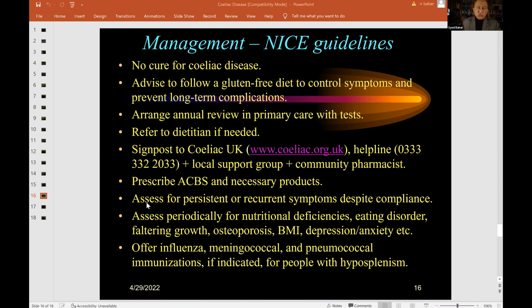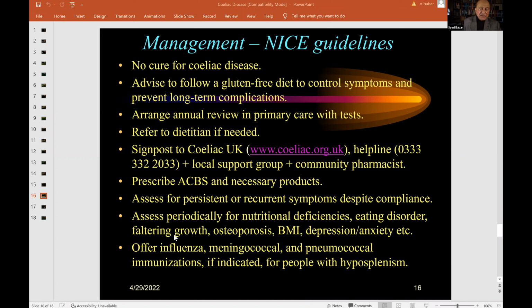So in addition to managing a person with gluten sensitivity and celiac disease, one should also check out for nutritional deficiencies, eating disorders, which may pre-exist or become a feature of complication when someone is diagnosed with celiac disease.